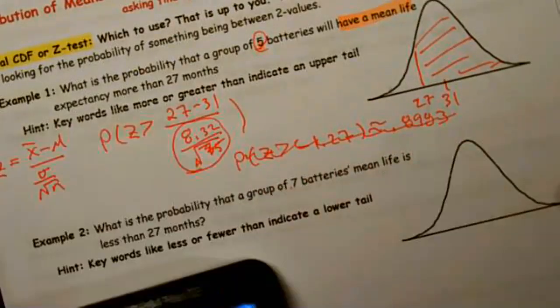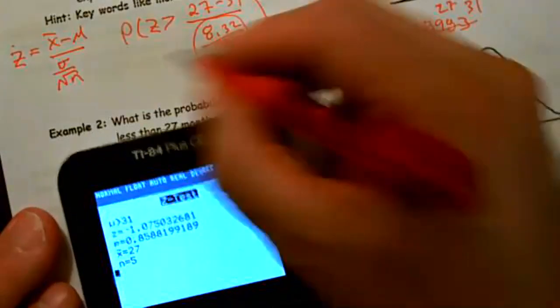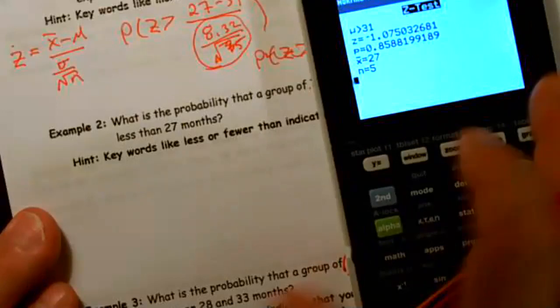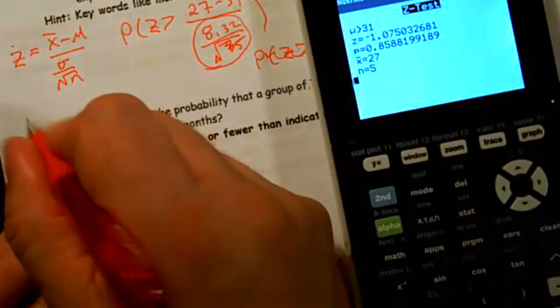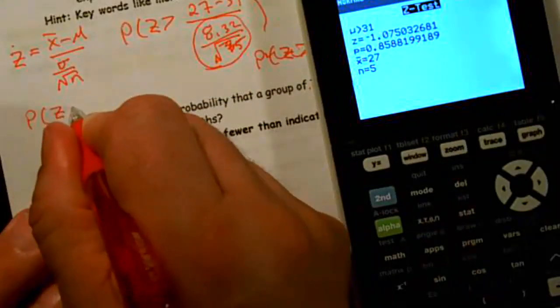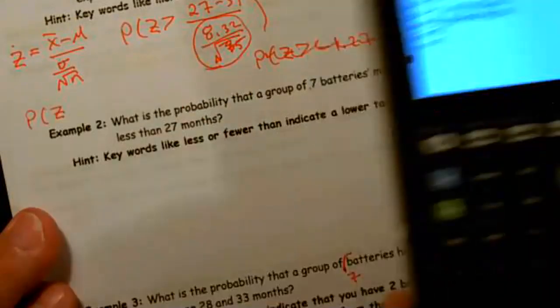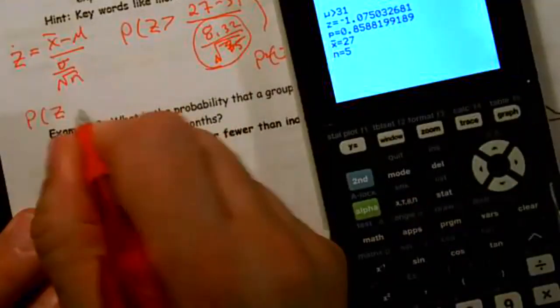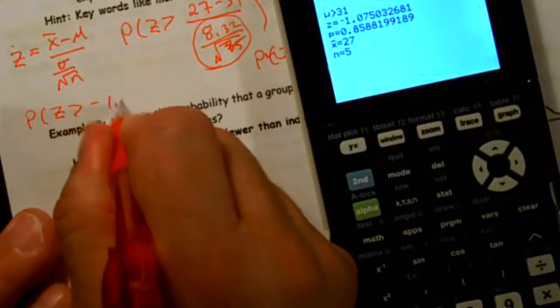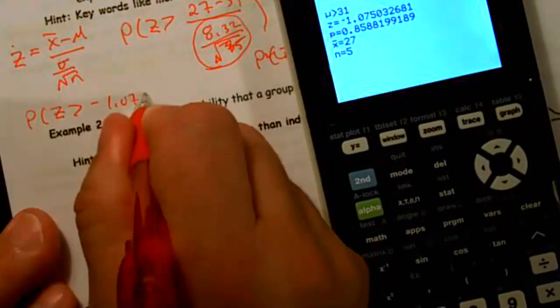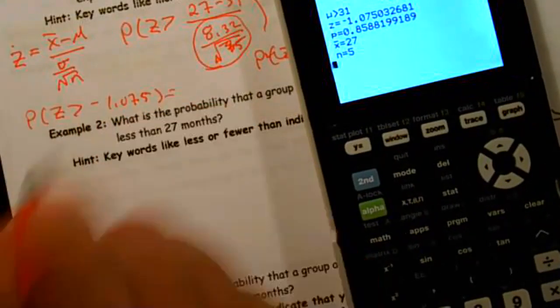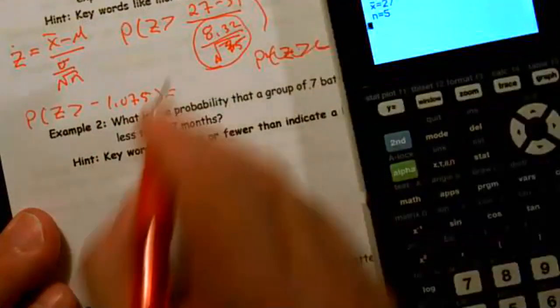So this should have been the probability that z, shaded up, is greater than negative 1.075 equals 0.8588.